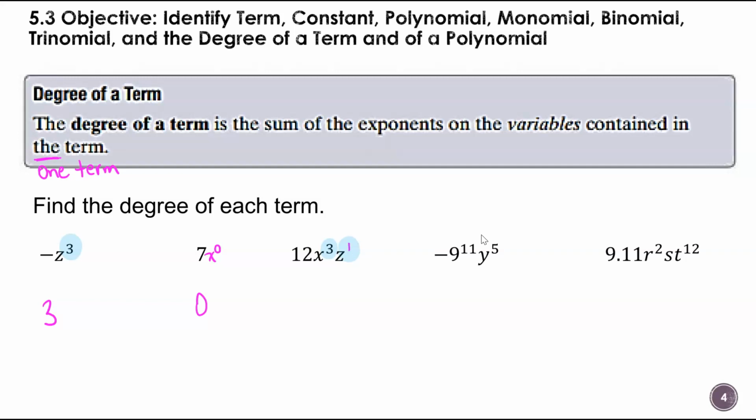We add those together, so this term has a degree of 4. These are all monomials that we're looking at. Now, notice it said the sum of the exponents on the variables contained in the term. So -9 to the 11th power is simply a number, and it doesn't have anything to do with the degree for this term, but the 5 does. So this one has degree 5.